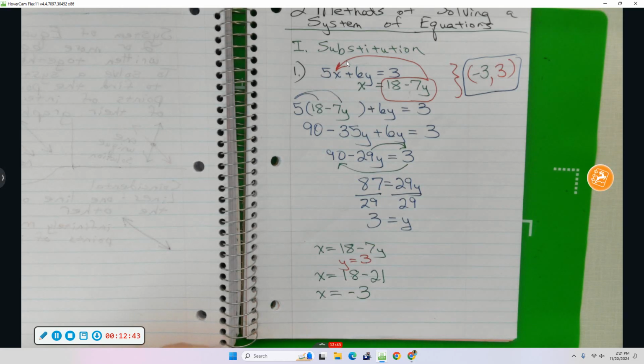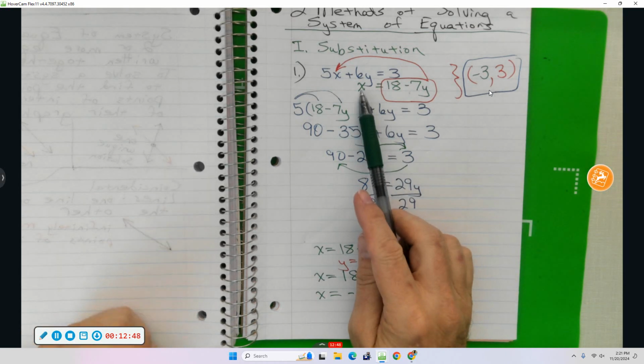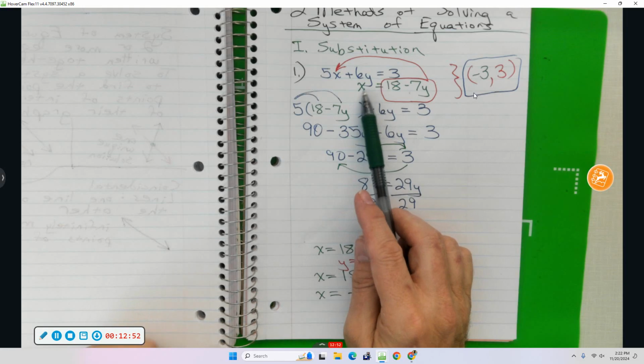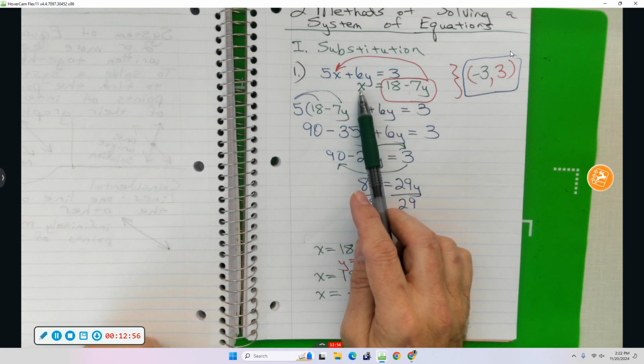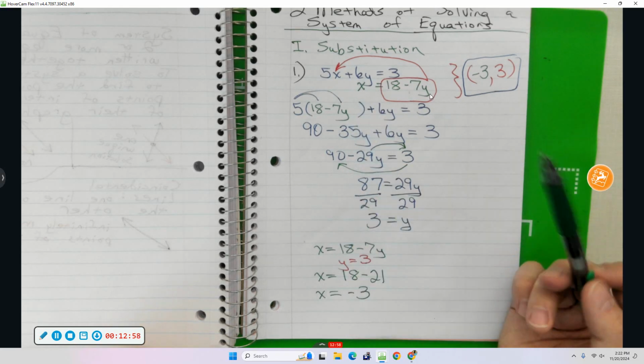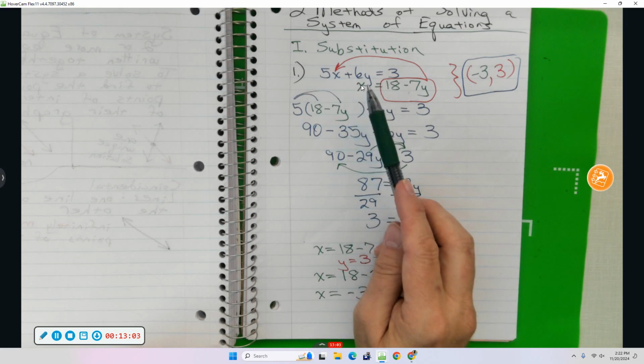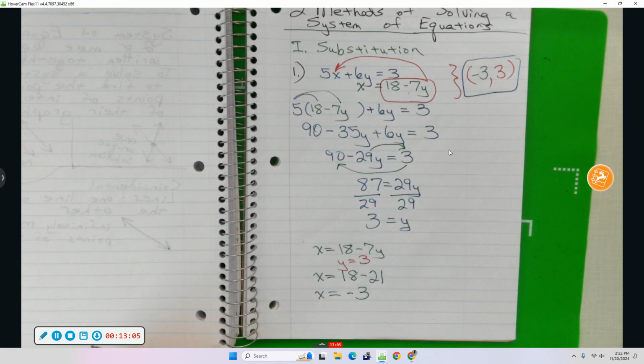Any questions there? When using substitution, you have to have one equation solved for one of the variables. And if you don't, you're going to have to rewrite one of the equations so it is in the form either x equals or y equals.